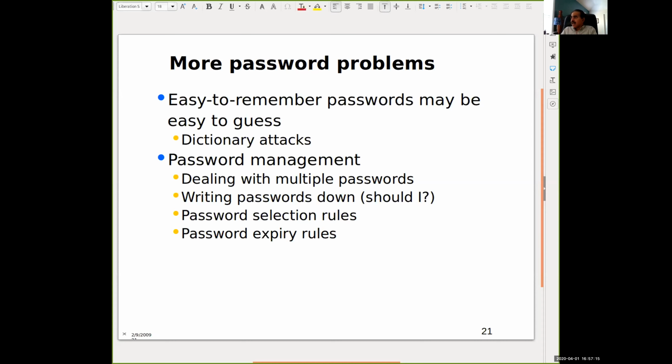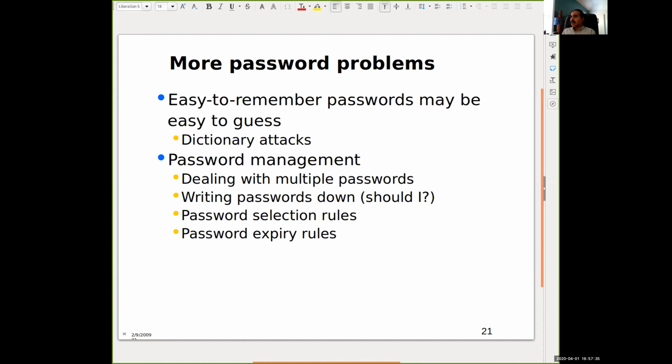Then they can simply vary the digit or two digits that you have added to the base password, and enumerate many possible passwords of yours very quickly. So this is clearly a problem.